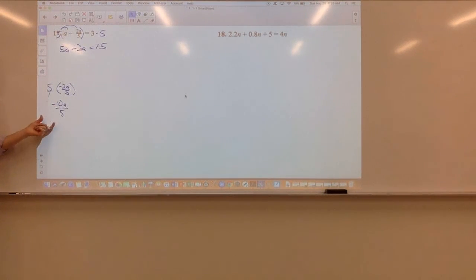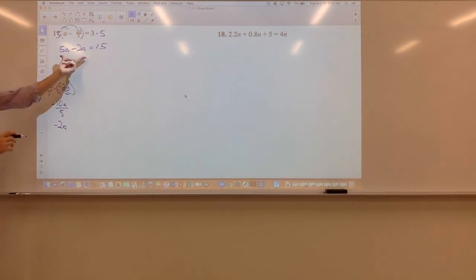Then this reduces: 10 divided by 5 is 2, so this would just reduce to negative 2a. What I did before was just a shortcut. If I cancel out a factor in the numerator and denominator, those 5s, I get that negative 2a.